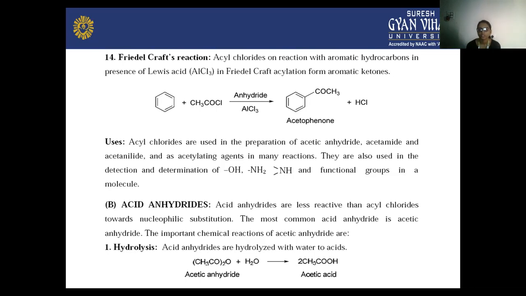Next are the uses of acyl chloride. The acyl chloride is used in the preparation of acetic anhydride, acetamide, and acetanilide, and as an acetylating agent in many reactions.